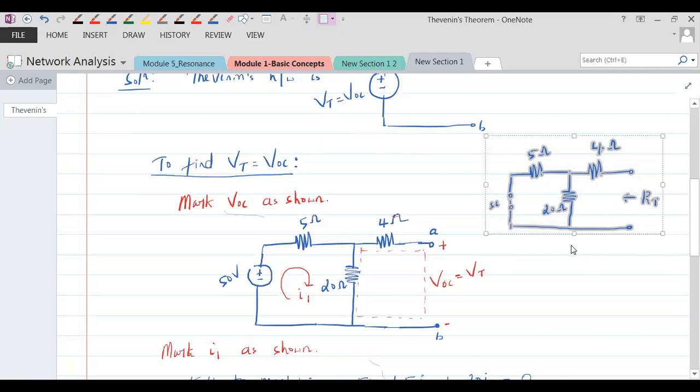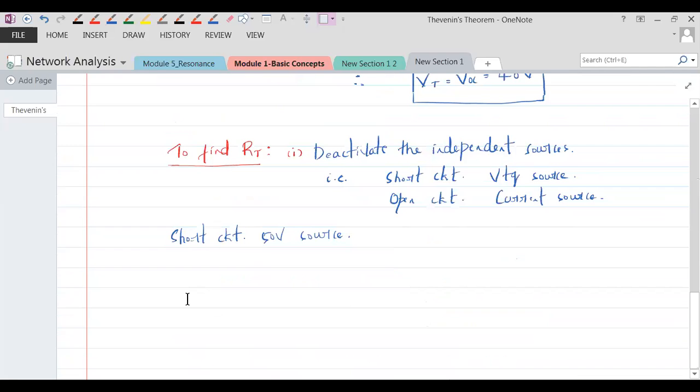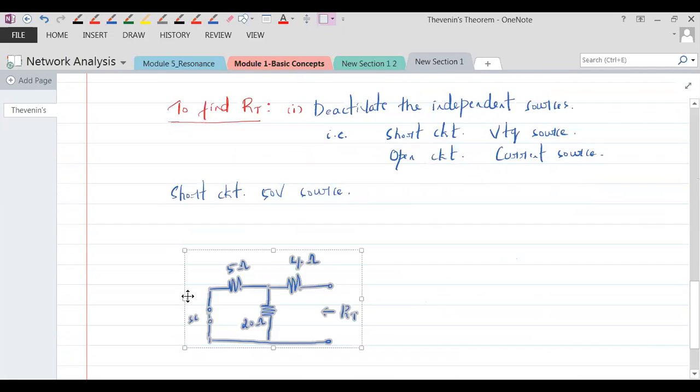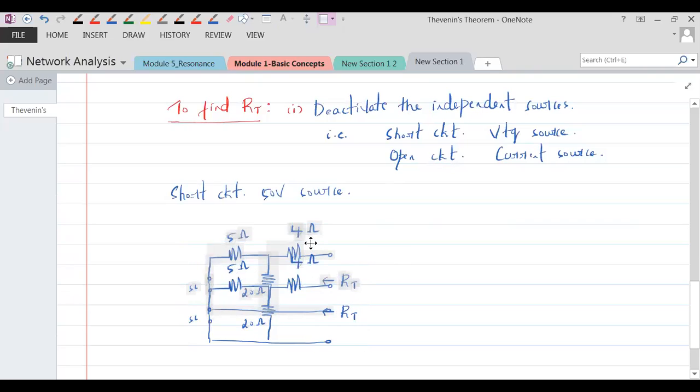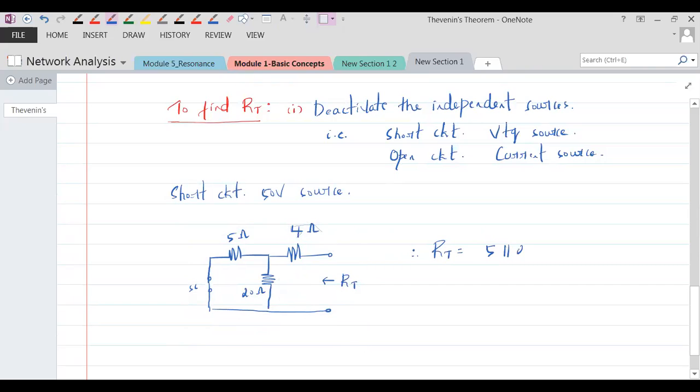What is RT now? Everybody calculate RT. Calculate RT now, everybody. What is RT? We can just write here. Therefore, RT is 5 ohms in parallel with 20, and this parallel combination is in series with 4 ohms.